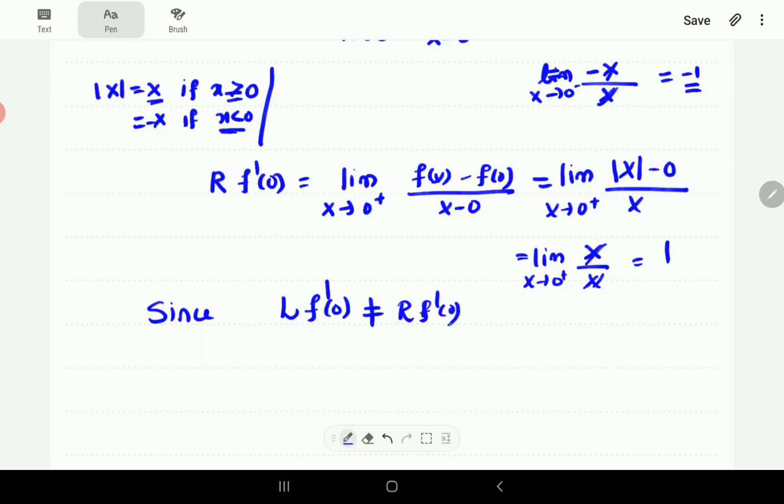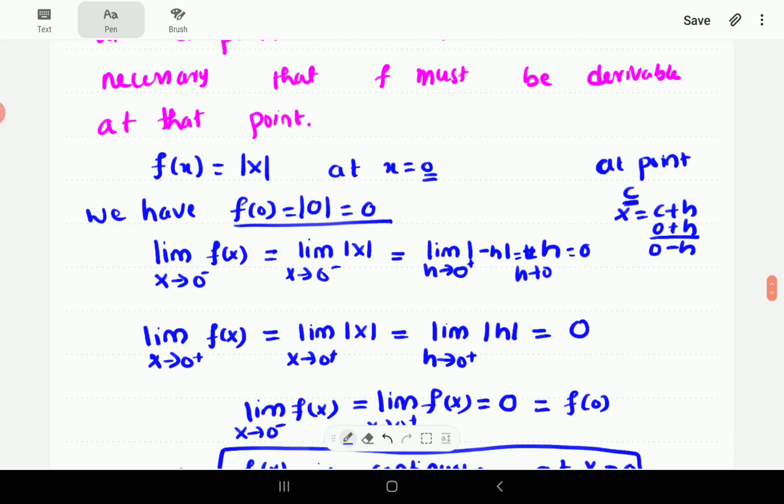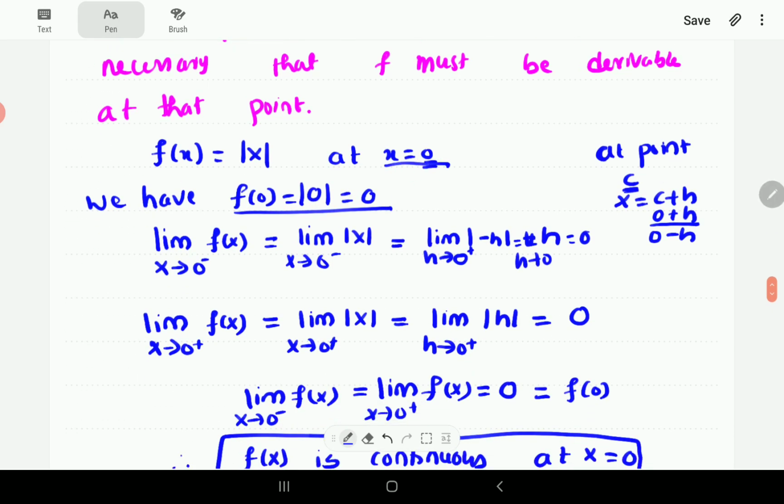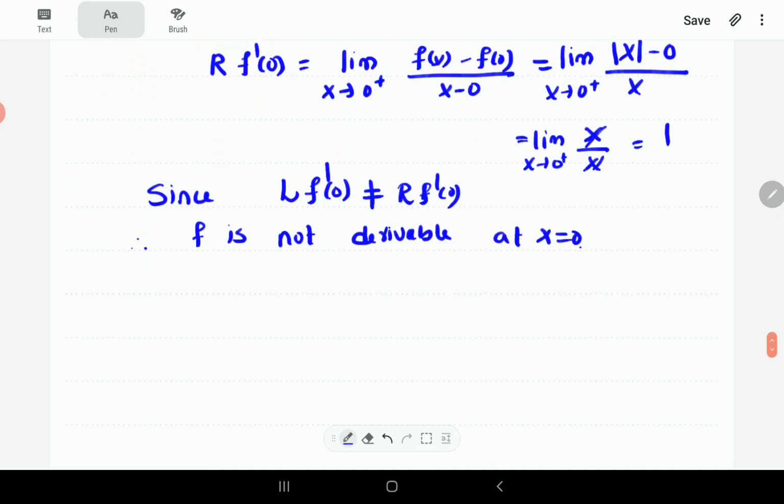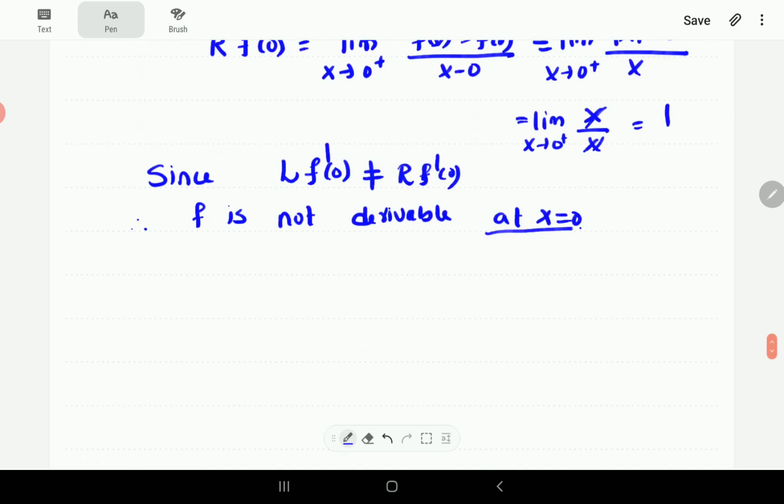So therefore f is not derivable at x equal to 0. Now we understood the given function: though it is continuous at x equal to 0, the same function is not derivable at x equal to 0. So this is one counter example.